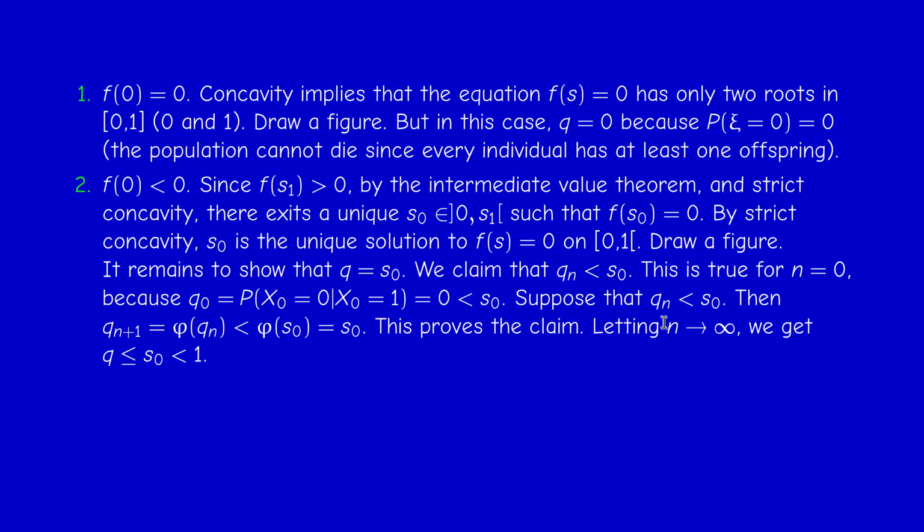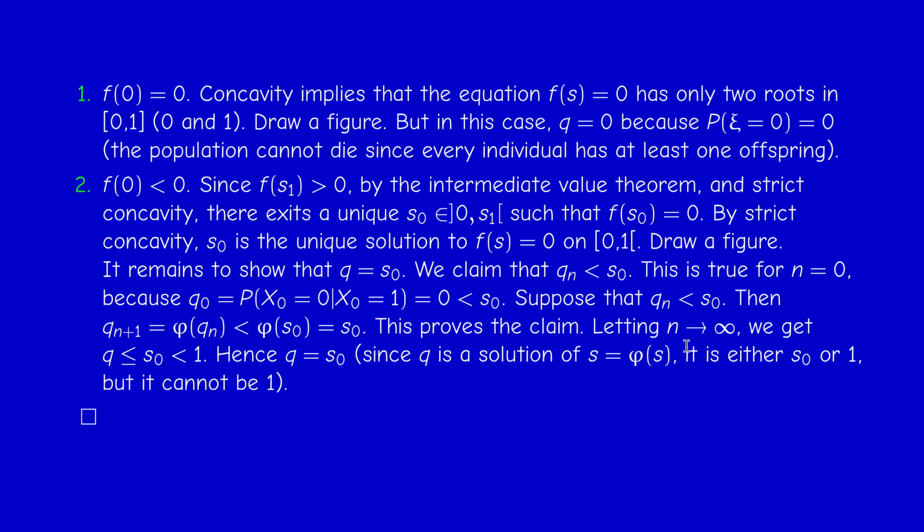And when I let n tend to infinity, I get Q is less or equal than S0. And this is less than 1. So I must conclude that Q equal S0. Okay? Because we know that Q is a solution of the equation Q equal phi of Q. So it satisfies the equation.